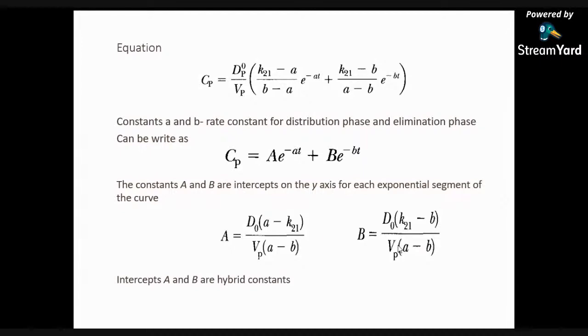So here we can say C0 is the plasma drug concentration immediately after the IV injection. So this overall process is for the calculation of your two compartmental open model for the intravenous or IV bolus administration case.